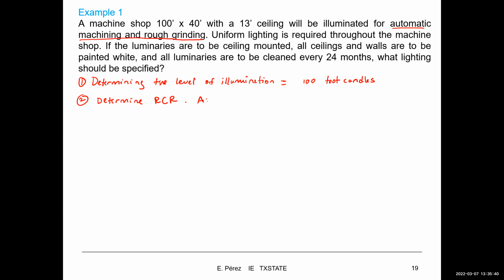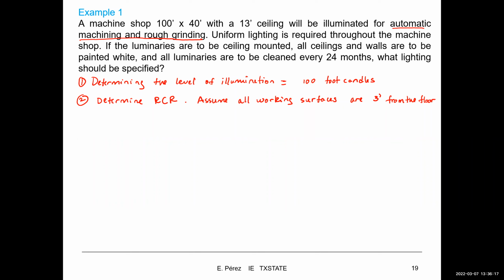And we are going to assume that all working surfaces are 3 feet from the floor. Okay, that information was not given, but we are going to assume that as average, 3 feet from the floor is the surface of the working stations.